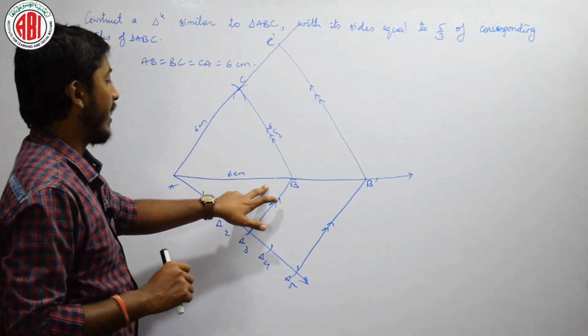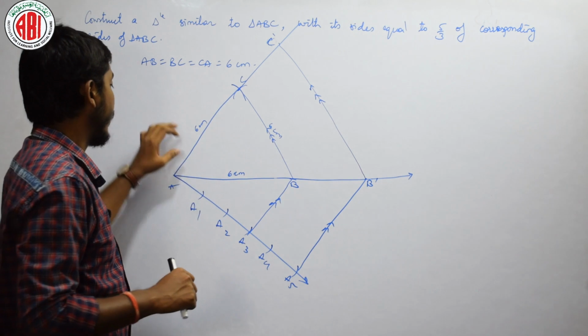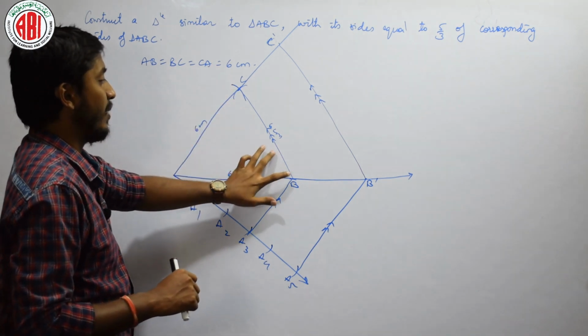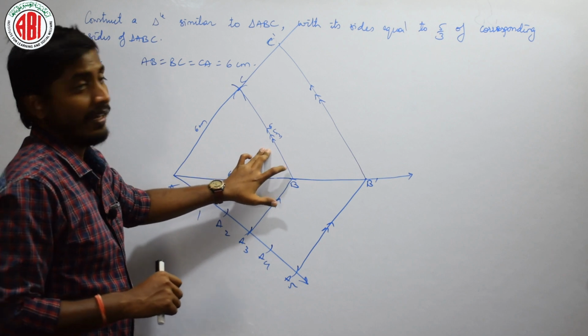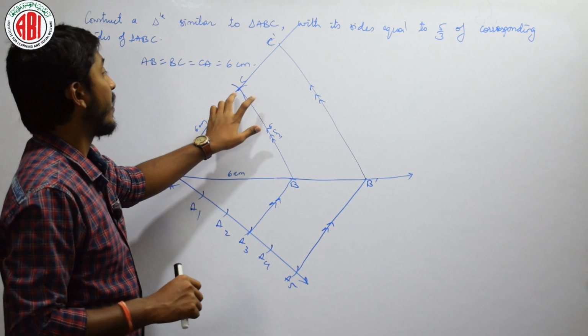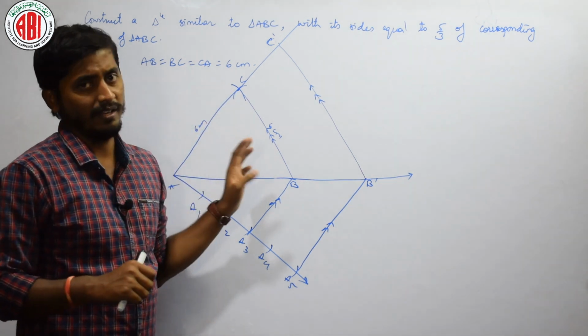First, draw a line segment AB, okay, of 6 centimeter. Then with A as center and radius as 6 centimeter, draw an arc. Similarly, with B as center and radius as 6 centimeter, cut an arc which is previously drawn. This particular point is C. Now, we have to join AC and AB. This is a ABC triangle, right.